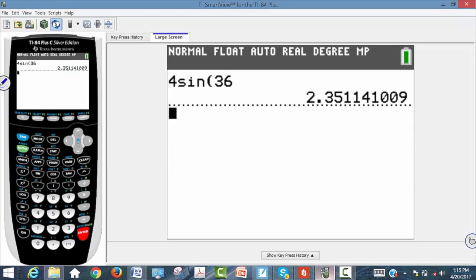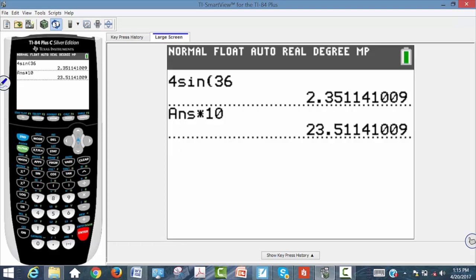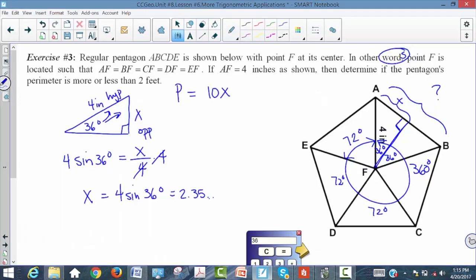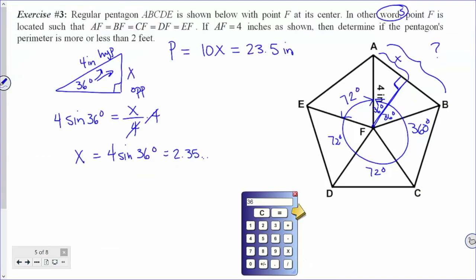So let's go back here and multiply by 10. And the perimeter is going to be, check this out, 23.5 inches. So what was the question asking me?